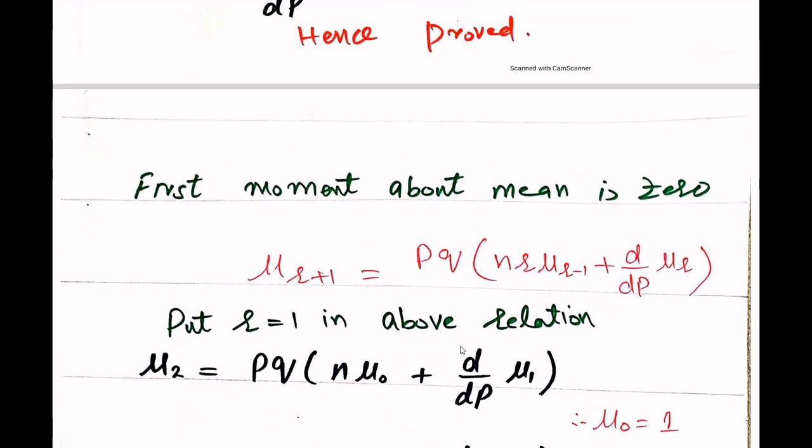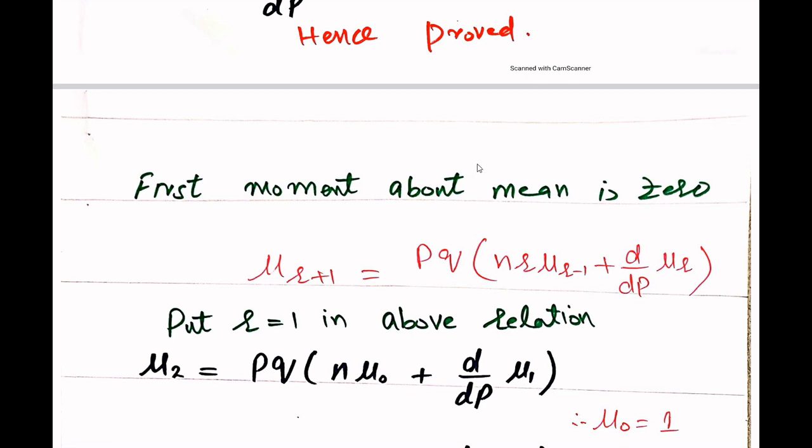So we prove this relationship: mu r plus 1 is equal to pq into (nr mu r minus 1 plus d over dp mu r). So the first moment about mean is 0. As you know, the first moment about mean is represented by mu1 and it is equal to mu1 prime minus mu1 prime, the first raw moment minus the first raw moment, so it is equal to 0.